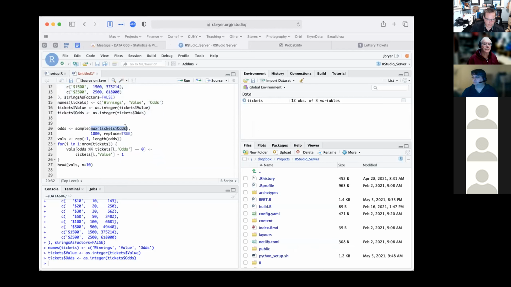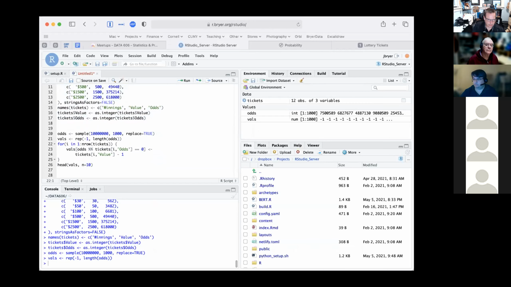So if I do that, we'll probably get closer if instead of doing max of 618,000 we just do 10 million. This should be closer, I guess.